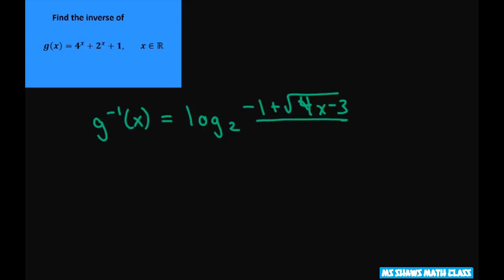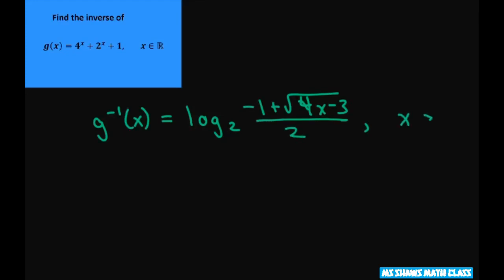All right, so basically we have the inverse of x is log base 2 of negative 1 plus the square root of 4x minus 3, divided by 2.